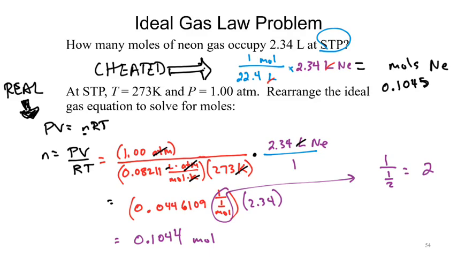No. Okay. That thing that you were told to memorize, 1 over 22.4, if you enter that into the calculator, 1 divided by 22.4 gets you exactly that numerical value.